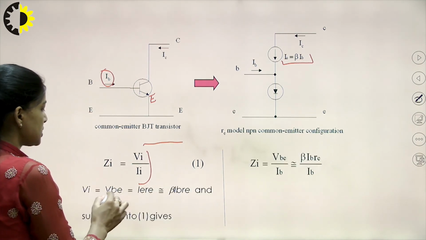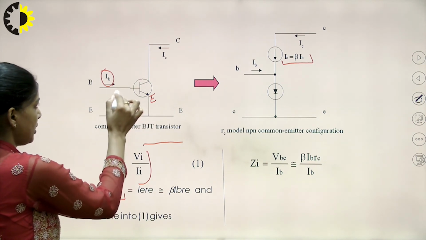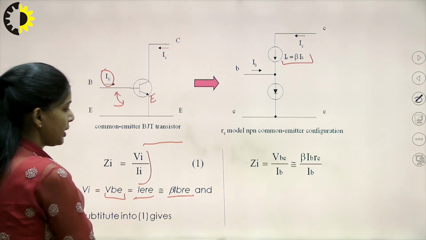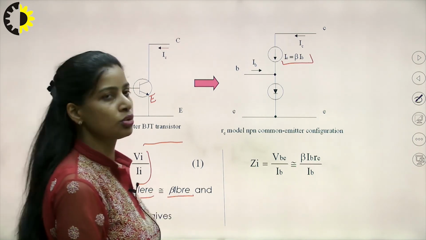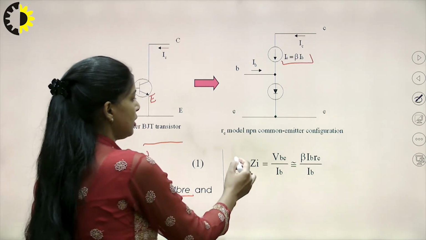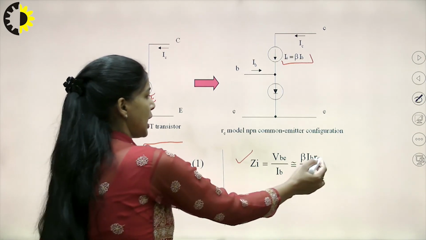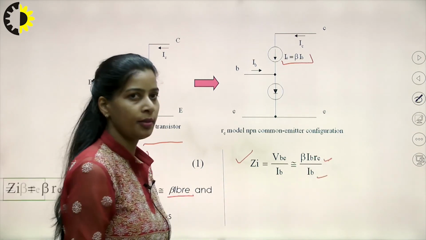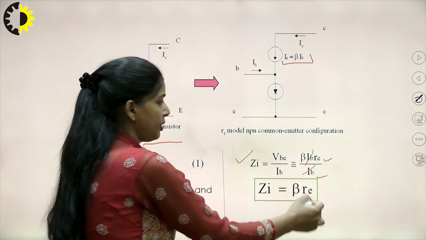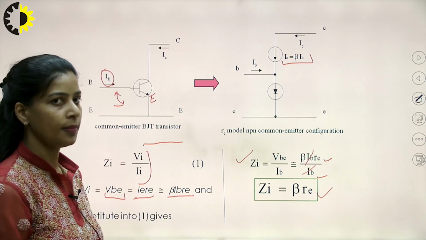So V input is V of this base emitter terminal, that is IE re, that we can write as beta IB into re. So substituting this value, we get Z input as VBE upon IB, that is beta IB re upon IB. The IB will get cancelled out, and we get Z input as beta re.